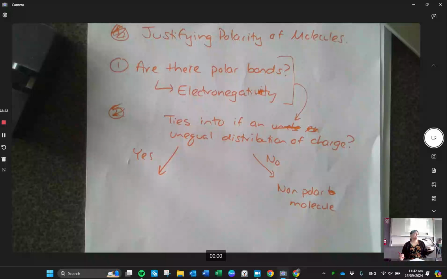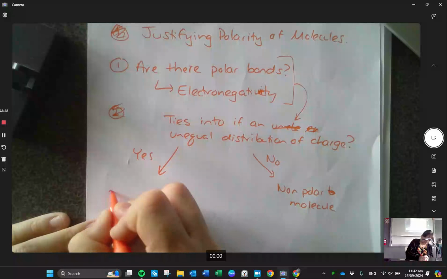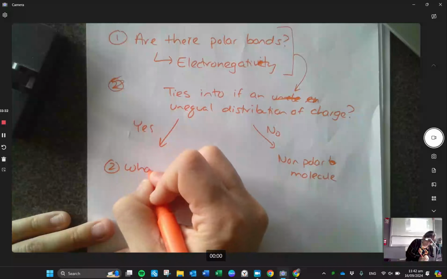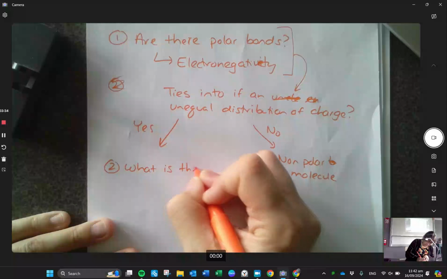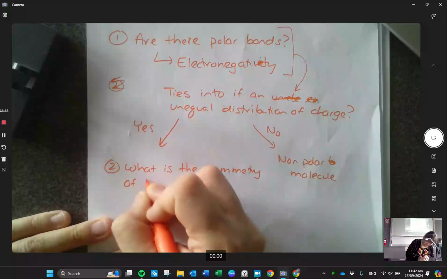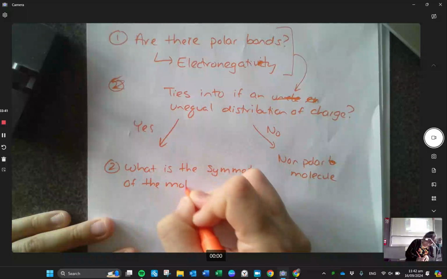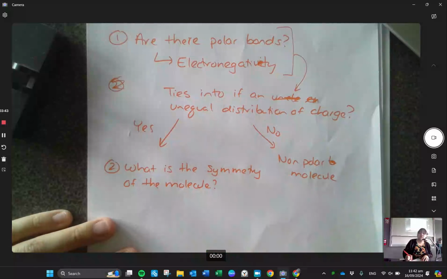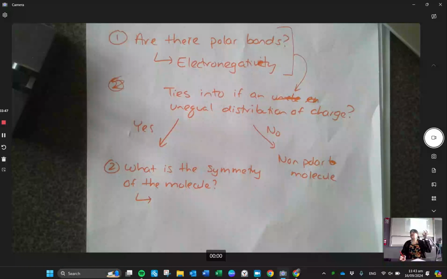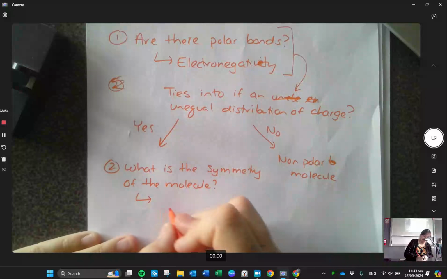The next question I need to ask is, okay, what is the symmetry of the molecule? The reason I ask this question is I want to see, do the regions of electron density, or sorry, do the charges, the slight positive or slight negative, do they cancel out?